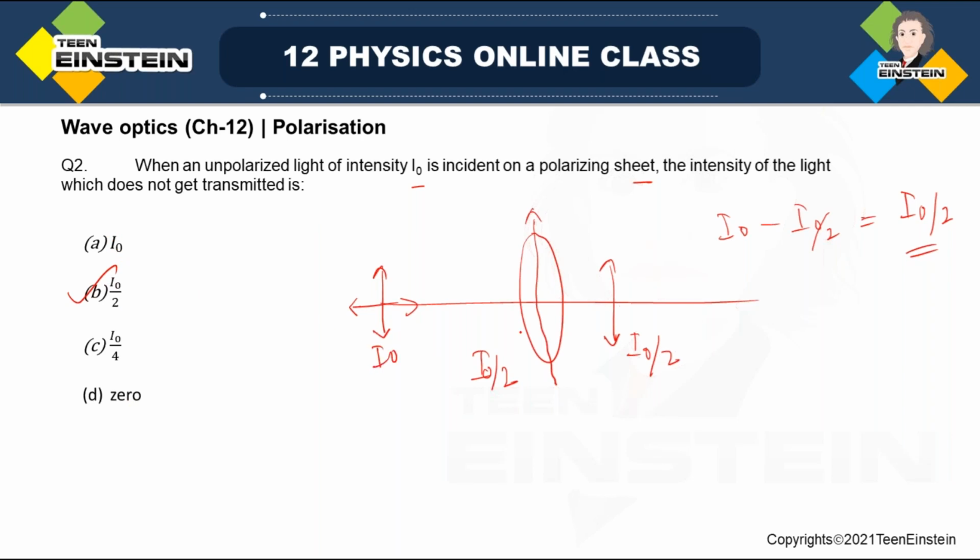If this is I0, see, half of the vibrations are passing through, so half will be remaining. So the electric field vectors which are not getting through this polarizing sheet also had intensity half of the total intensity. Okay, that's how.